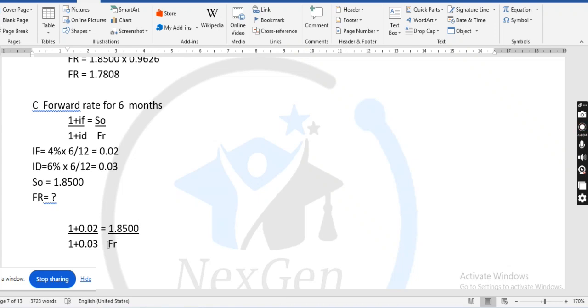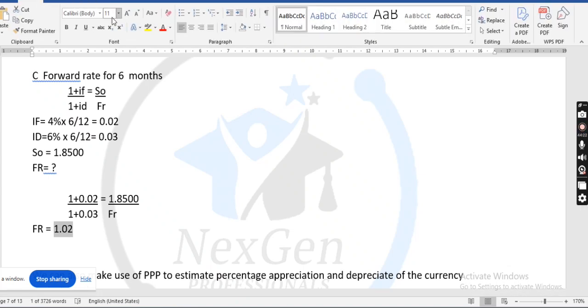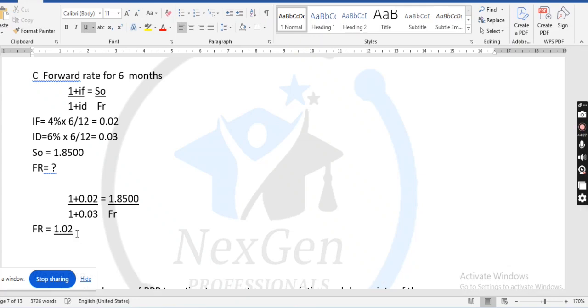Then the forward rate, the usual FR, equals 1.8500 times 1.02 over 1.03, right?